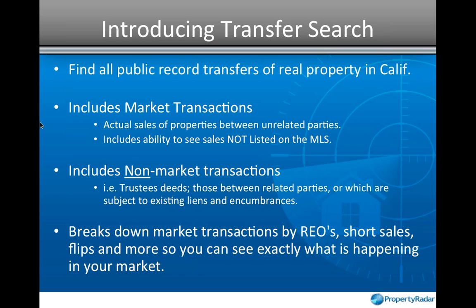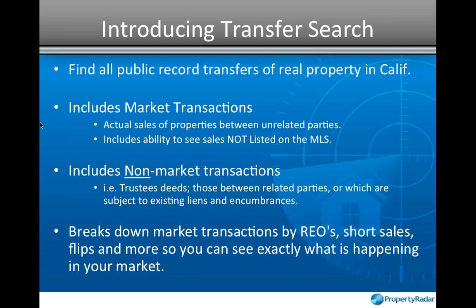Other companies that track foreclosure sales only track trustees' deeds, which we now offer as well. The downside to trustees' deeds is you get them weeks later, or at least days later. The upside is that they include a little bit more information, like the name of the buyer. So if you want to see who's buying down at the courthouse steps, third parties, this becomes pretty interesting.